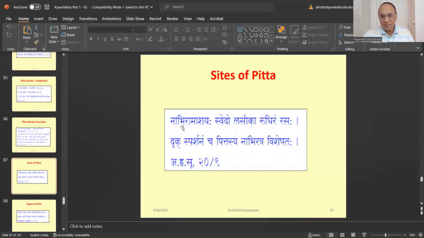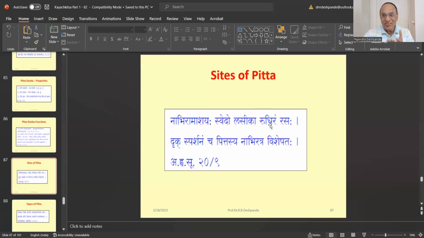Amashaya, upward part, then Sweda, sweat, Lasika, like serous secretions, Rudhiram, Rasa. Rudhira is blood. That is the main supporting dhatu for the Pitta dosha, because Pitta and Rakta have the Ashraya Ashri Sambandha, Dosha Dhatu Sambandha.